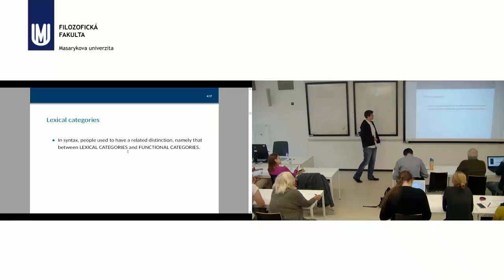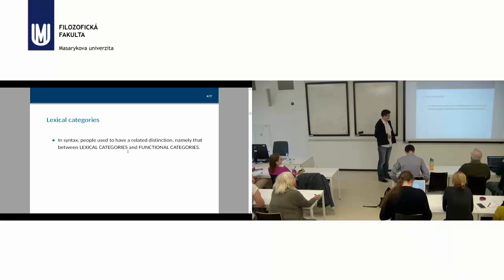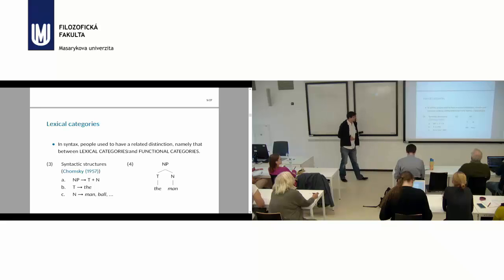And so what is this distinction? I'm going to be very brief, because there are people who have worked on this much more than I have. I'm just going to illustrate that by means of an example.